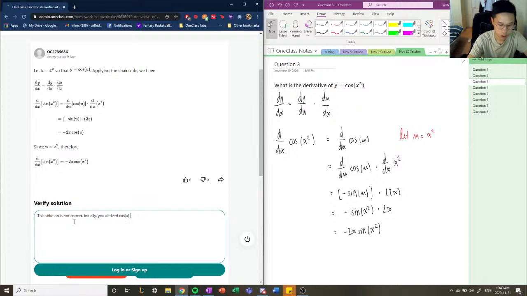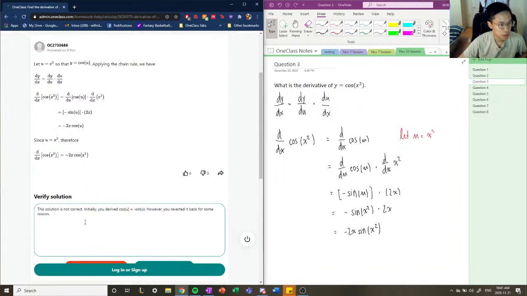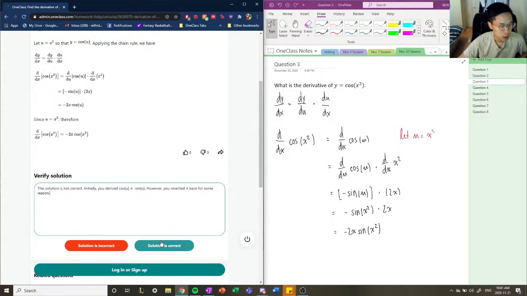Yeah, they reverted it back for some reason. I don't know why. That's fine. So the solution is incorrect.